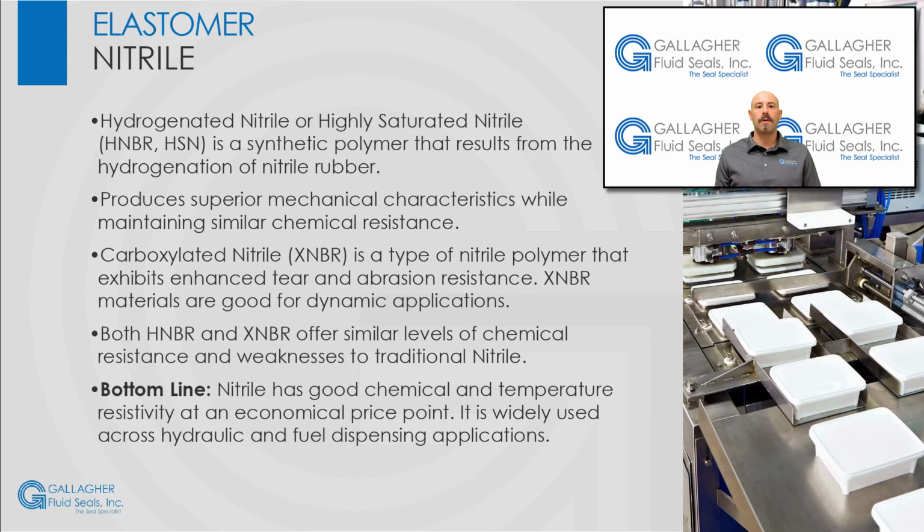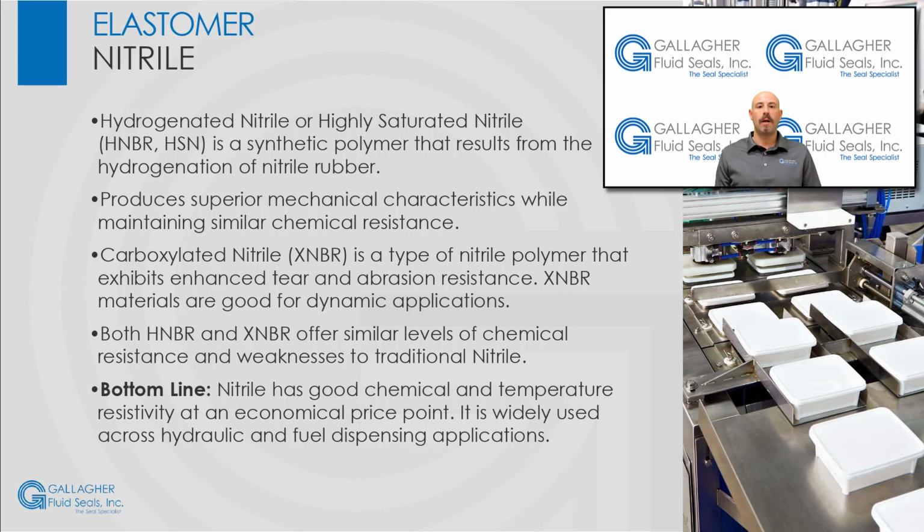Because of its popularity as an O-ring material and its strong performance across a wide range of applications, slight alterations of the basic nitrile elastomer have been developed to solve specific problems. Hydrogenated nitrile, or highly saturated nitrile, known as HNBR or HSN, is a subset of nitrile.